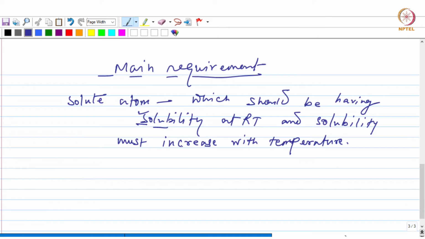So it will be able to dissolve some amount of the alloying element or the solute atom. But for it to be precipitation hardenable, that solubility must increase with the temperature.